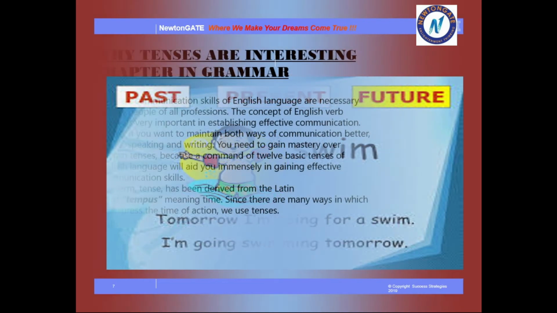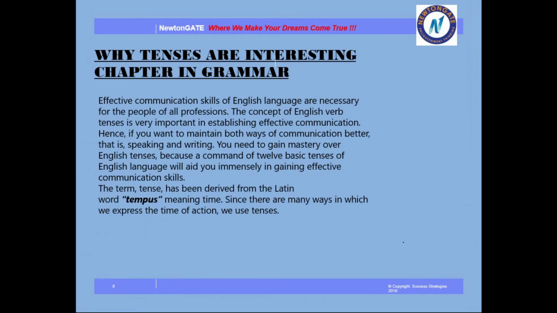Okay, now why are tenses an interesting chapter in grammar? We all know that tenses are very important in grammar, because if you don't use tenses in a sentence, then probably your sentence may go wrong.